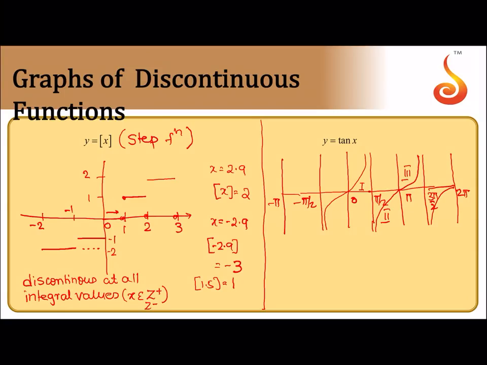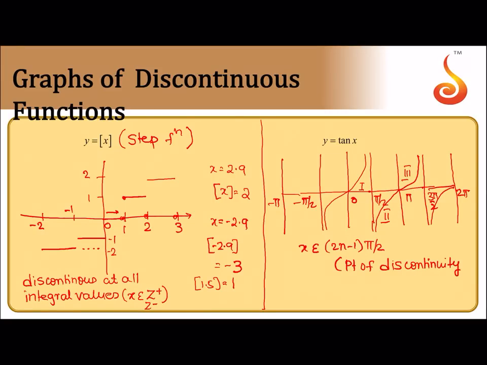In the fourth quadrant tan x is negative. What do you observe? So where is it discontinuous? At pi by 2, at 3 pi by 2. So tan x is discontinuous at all x belonging to (2n minus 1) pi by 2.